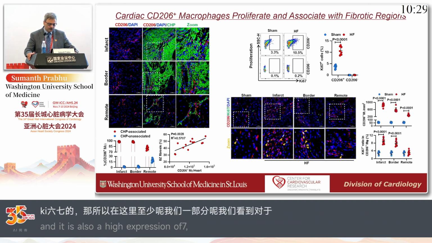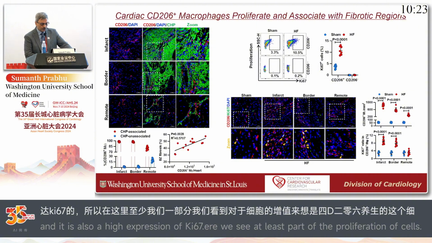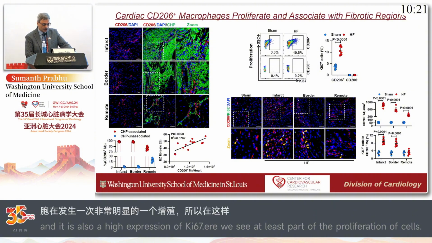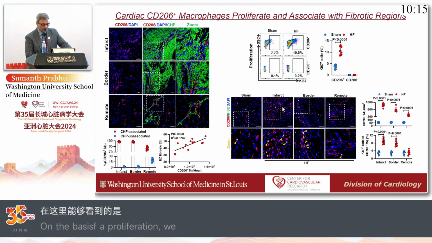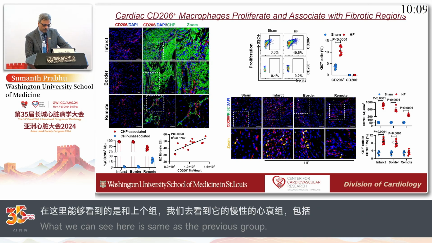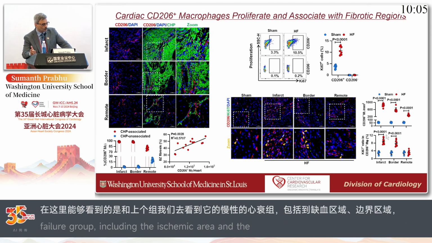We've confirmed this by the spatial distribution of cell proliferation using immunofluorescence. And what you can see here is that it's compared to sham animals. We look at the chronic heart failure in the infarct zone, the border zone, and remote zone. What we see is that most of the proliferating macrophages, surprisingly to us actually, were in the infarct zone and in the border zone.